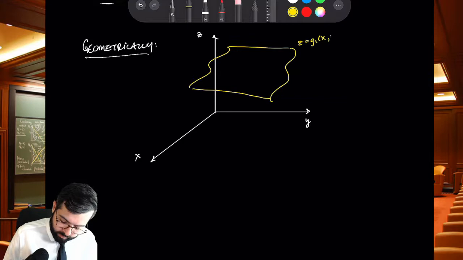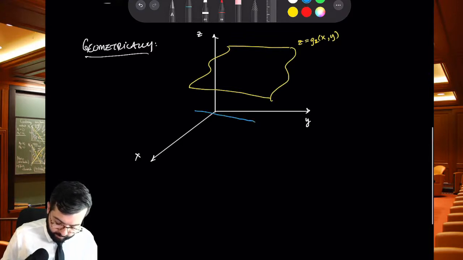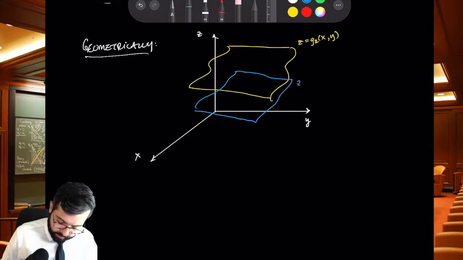Here's some g2 of xy defining some surface up top, and then beneath it, it's enclosed by another surface here. We'll call this g1 of xy.